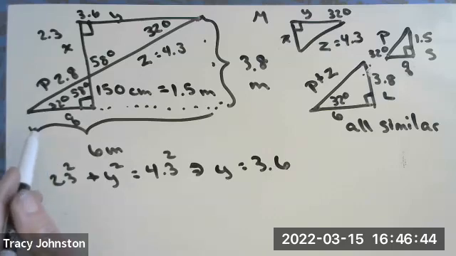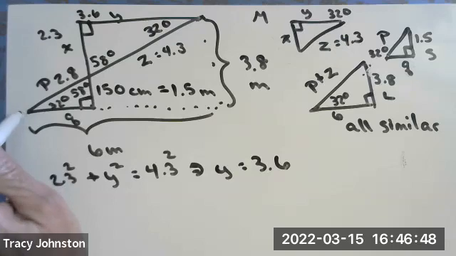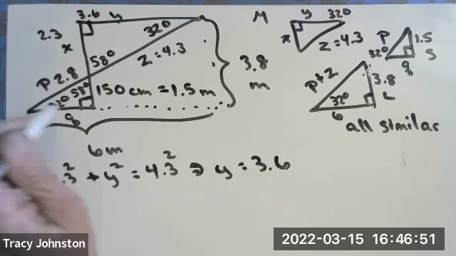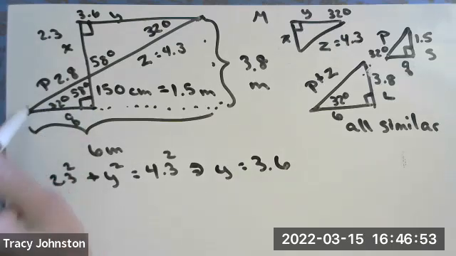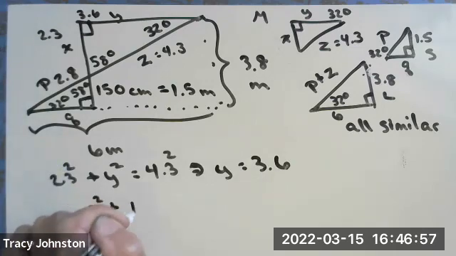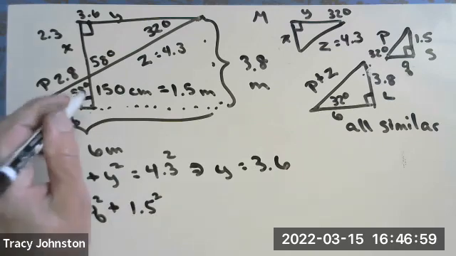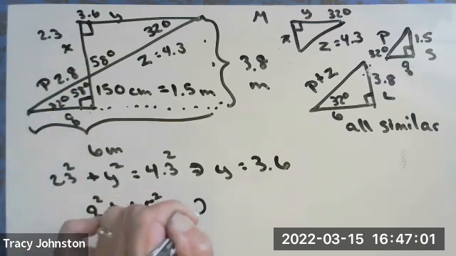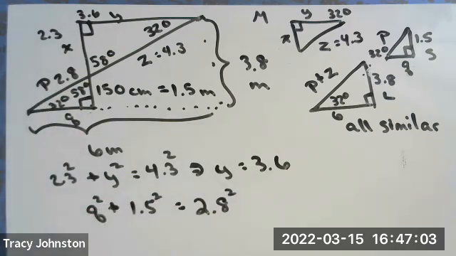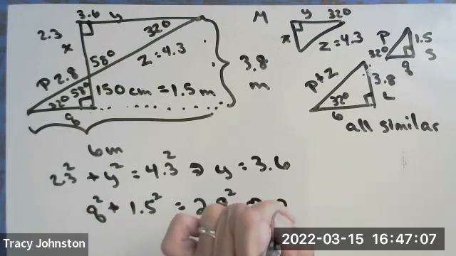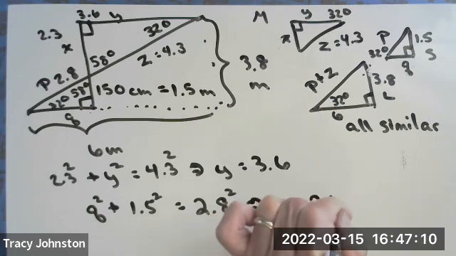I see that, let's see, I need to find this side on the small triangle. So I know that Q squared plus 1.5 squared, the square of those two sides, is equal to 2.8 squared. So when I solve this for Q, I get it to be about 2.4.